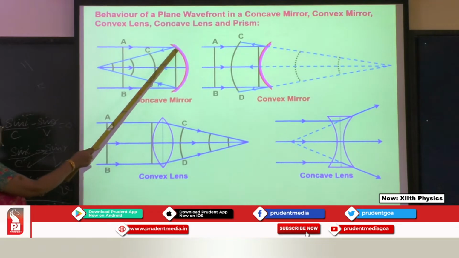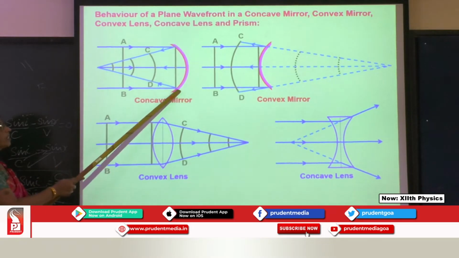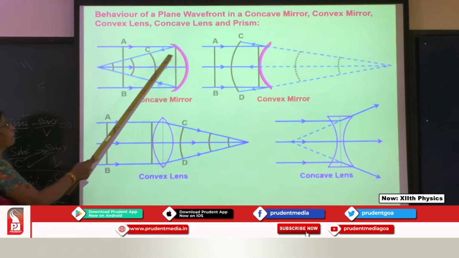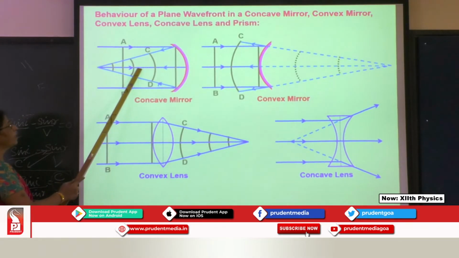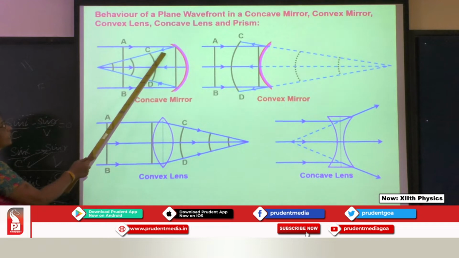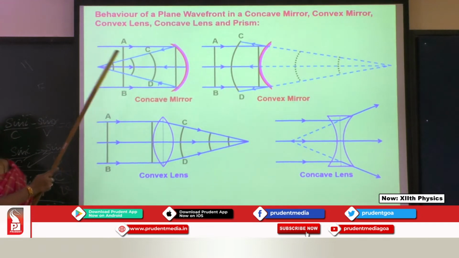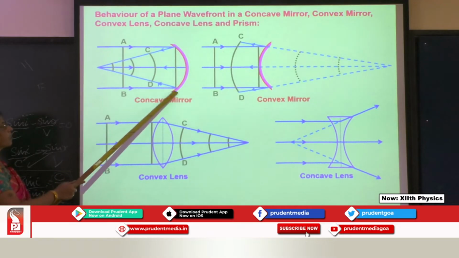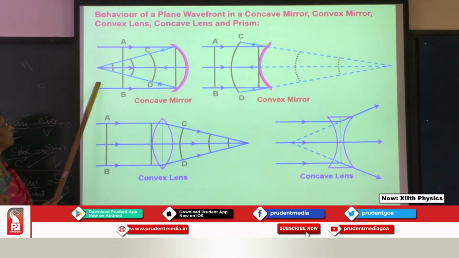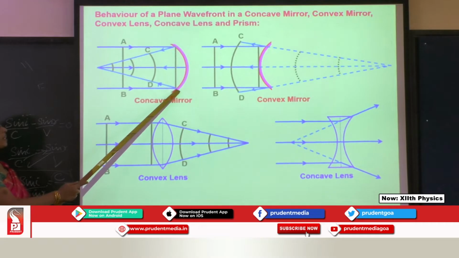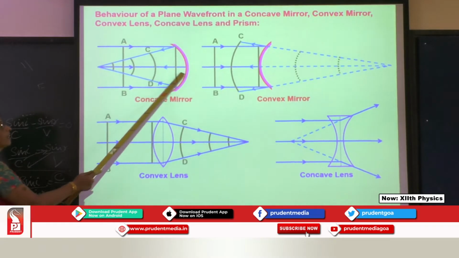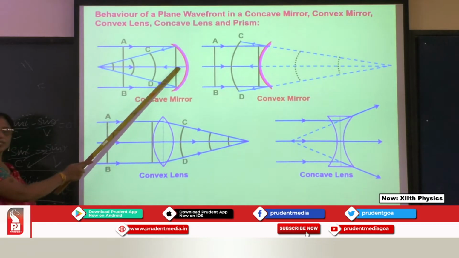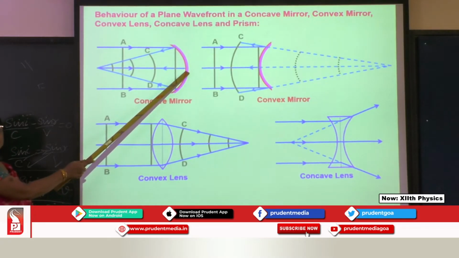By the time the last point reaches over here, the earlier points have already started giving out secondary wavelets and traveled a distance. So the points emerging from the ends, A and B, travel a greater distance than the middle portion because it's a curve. It takes some time to reach the center part.